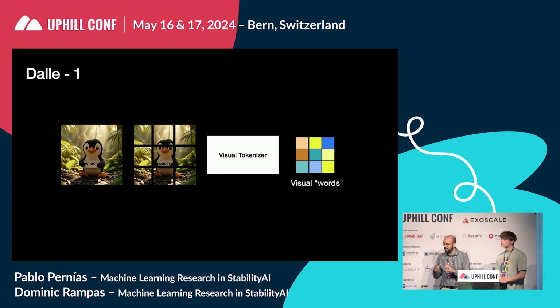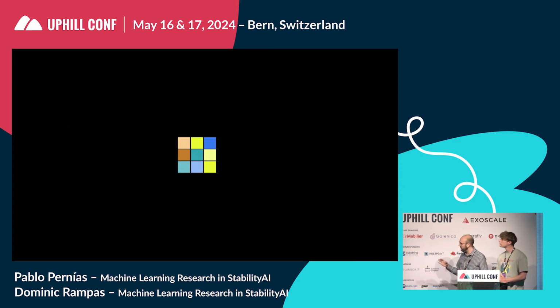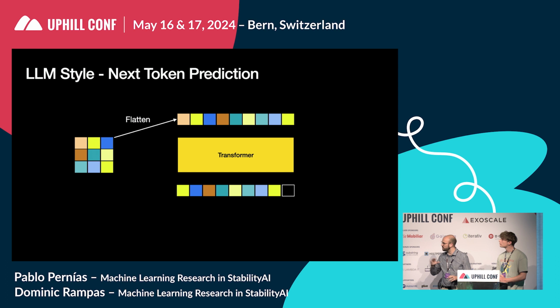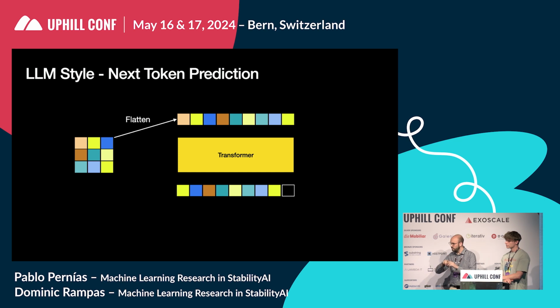So now that we have our visual words, we can treat this just exactly as a large language model. We can take our matrix of visual words and flatten it into a sequence. It doesn't really matter what the order is; the image doesn't care if it's generated from top to bottom or from bottom to top. It just needs to be a sequence. Then we can use the transformer to predict the next word.